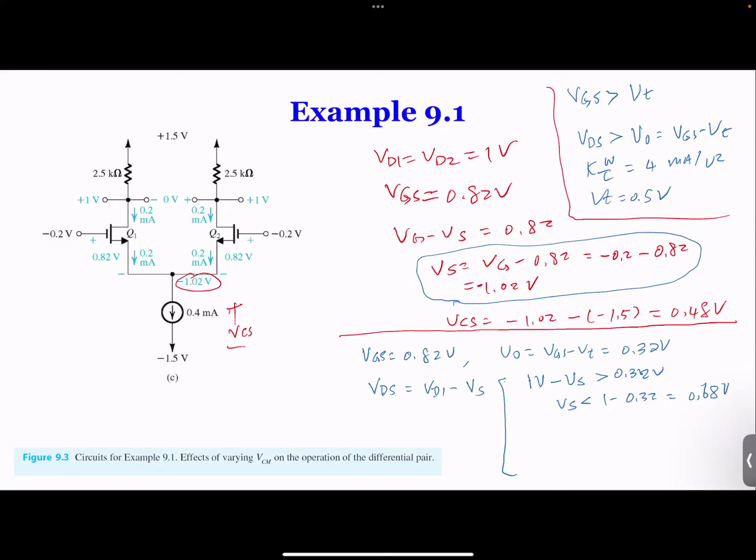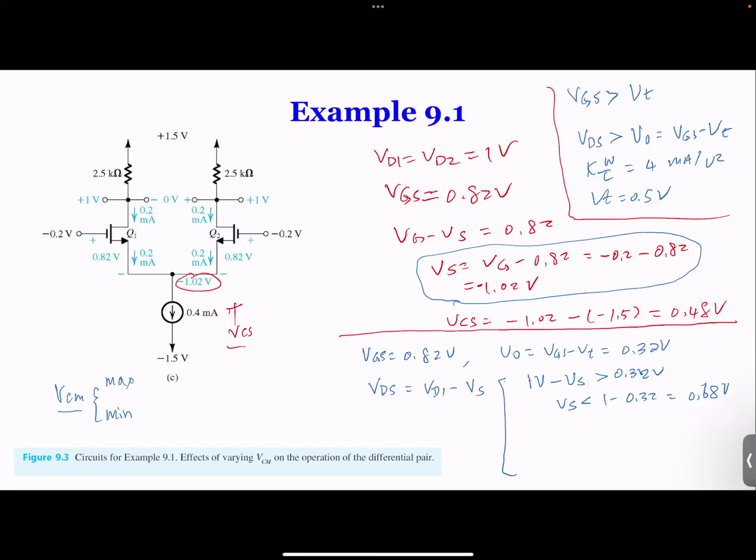If we want to define what the range is for VCM, because VCM has a range, a max and a min. This VCM max and min will bring this out of saturation or cutoff.